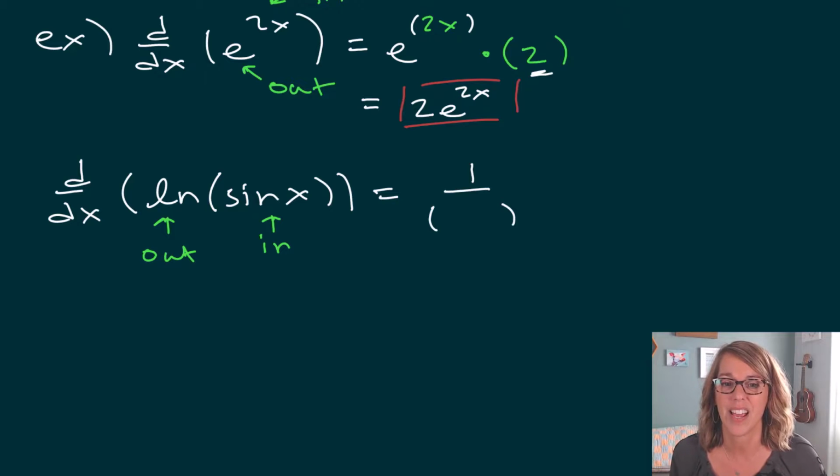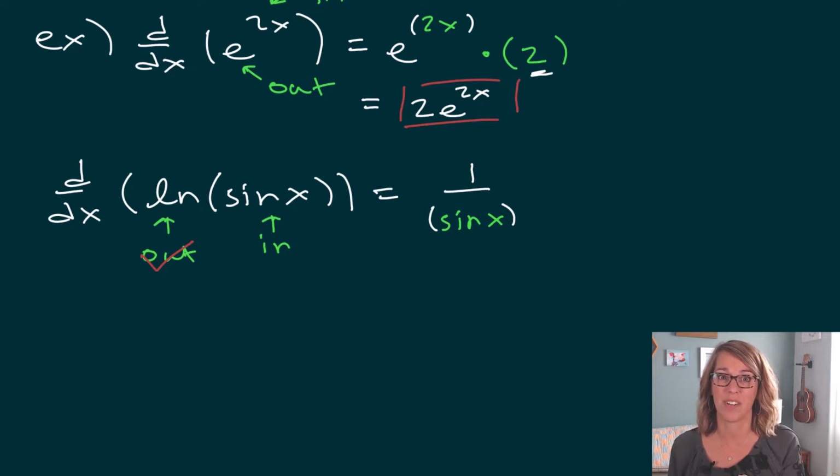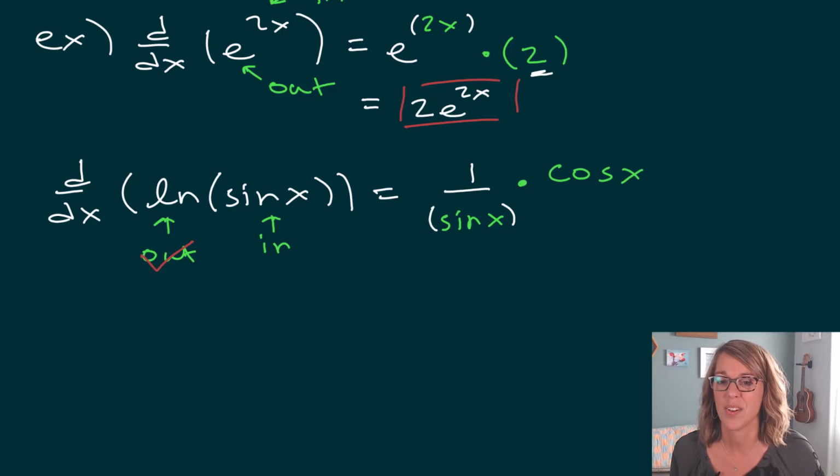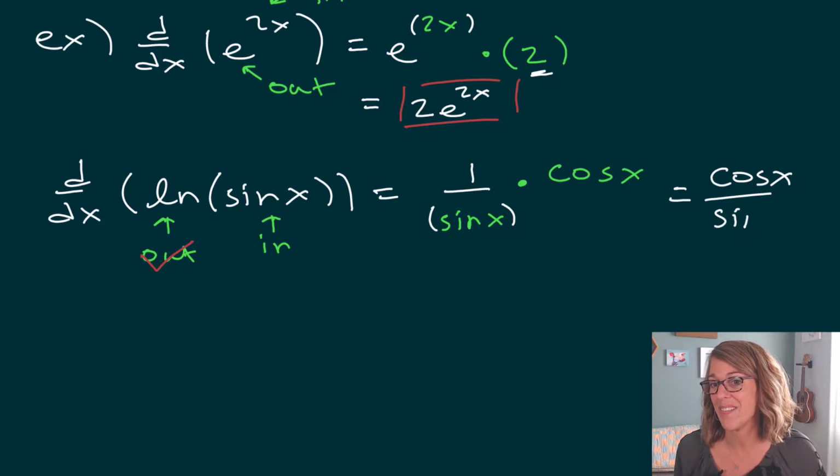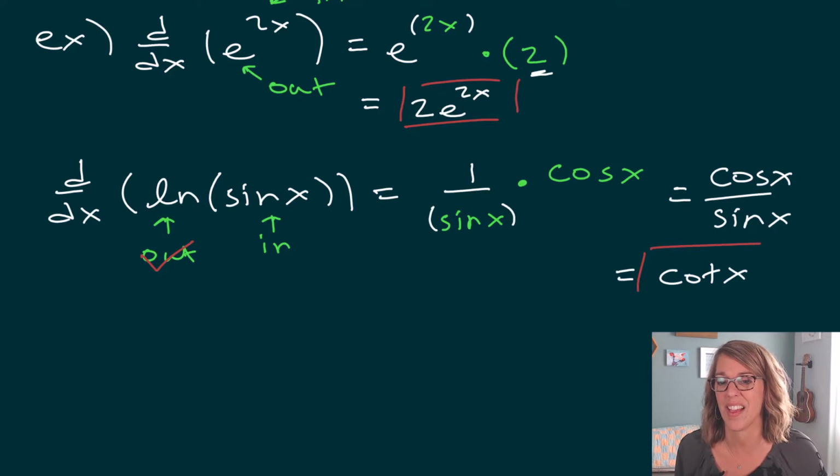What I've got on the inside there is the sine of x. So I've taken care of the derivative of the natural log. Next, let's take the derivative of sine. I'm going to chain that on by multiplying. The derivative of sine is cosine. So I end up with cosine over sine, which you could maybe leave in this form, but this also happens to be cotangent. So I get the cotangent of x.